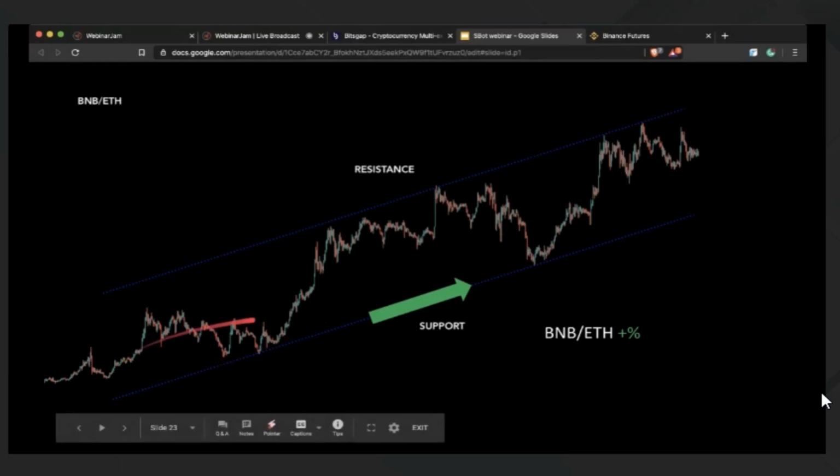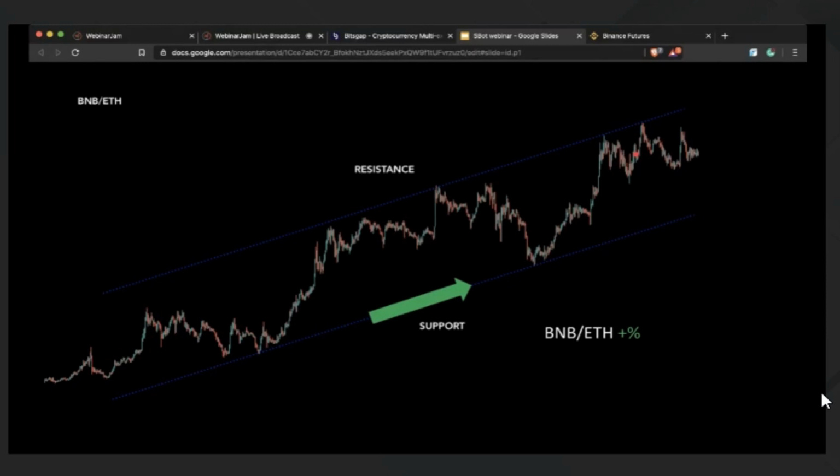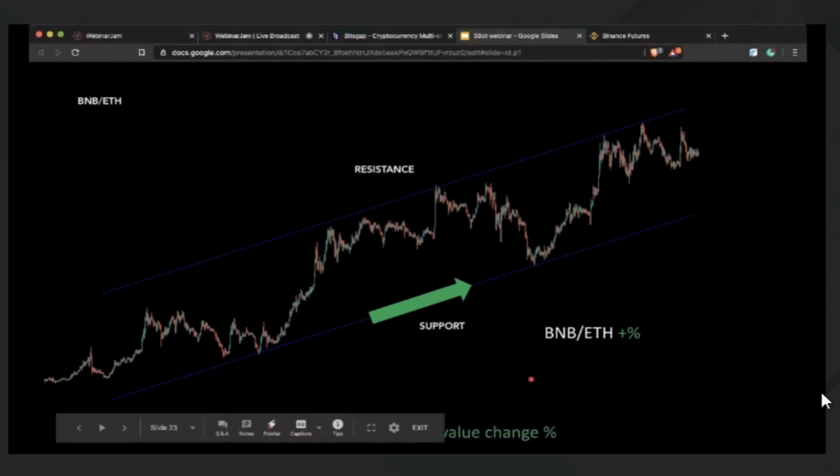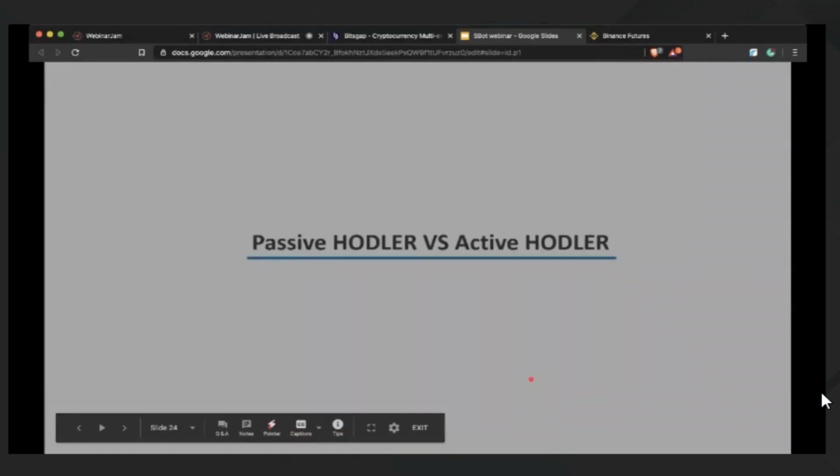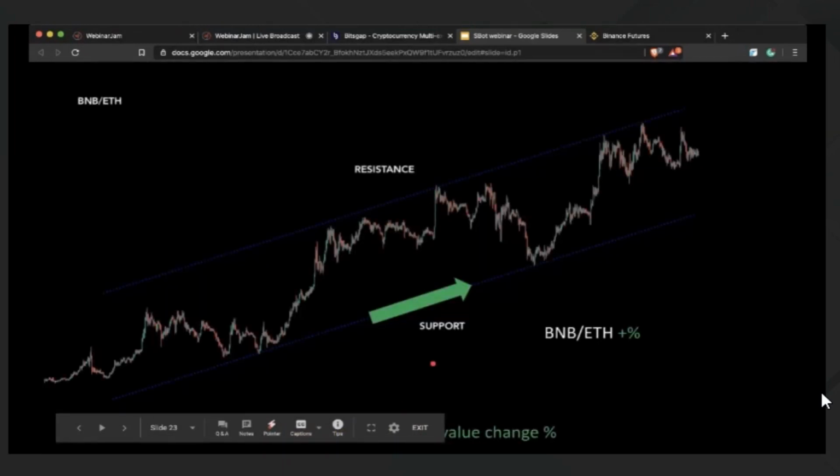Let's say you just bought BNB around here, so you are only affected by the price fluctuation, and in this case, as the price is moving upwards, your investment value appreciates. Your investment value is only affected by the value change.